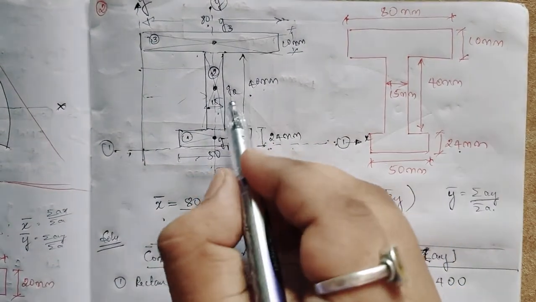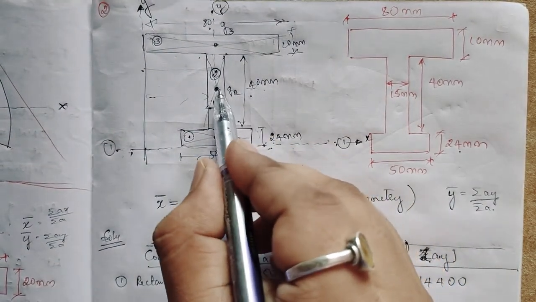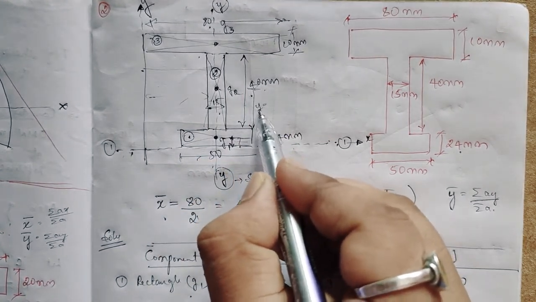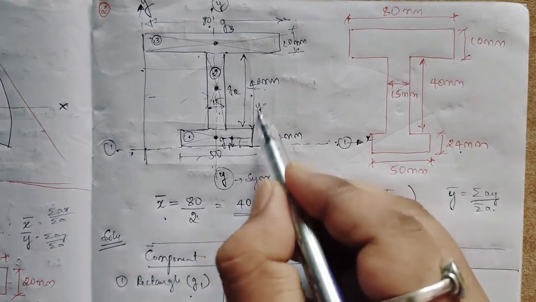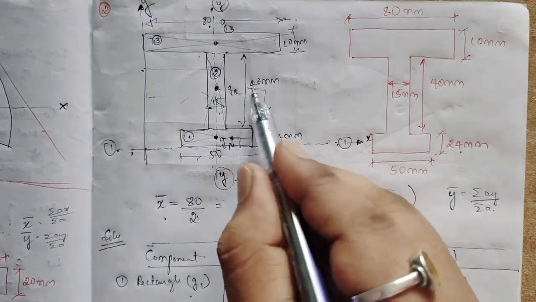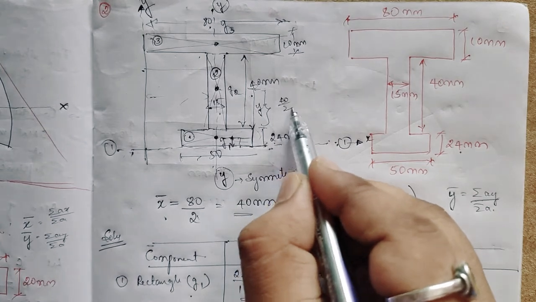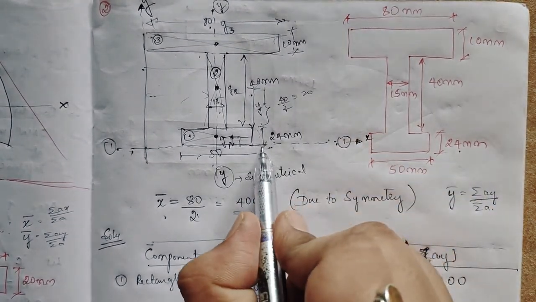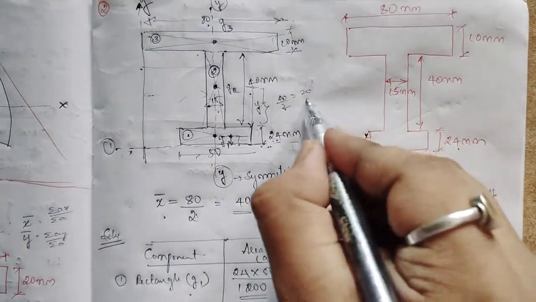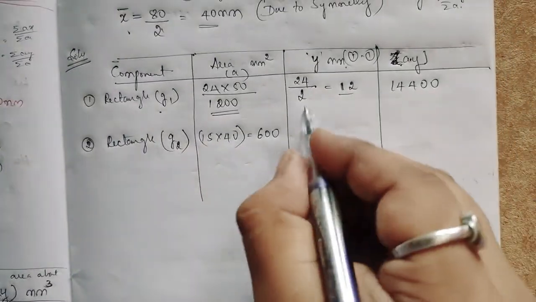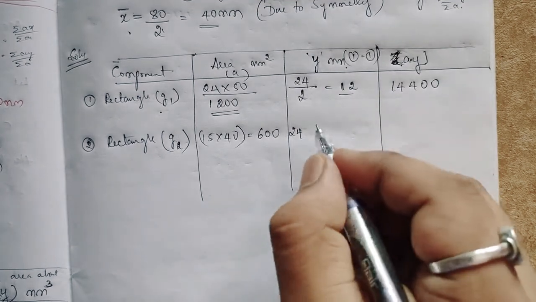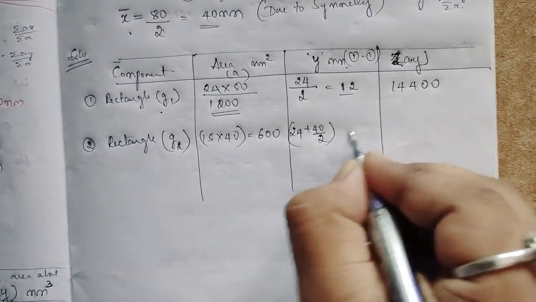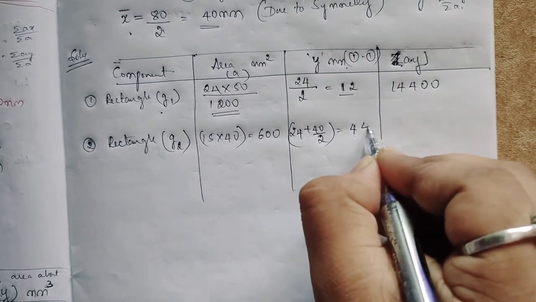See here the y distance, we know G2 is here. Till here the distance is 40 by 2, that is 20, but we want it from the bottom reference axis. So what should we do? 24 plus 20, that is 24 plus 40 by 2, which gives us around 44.